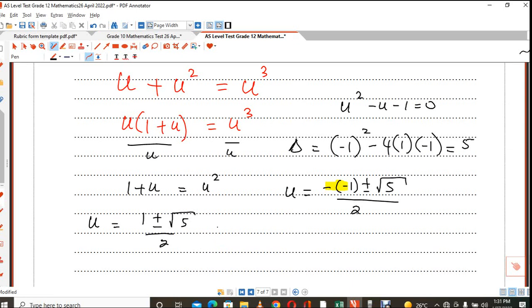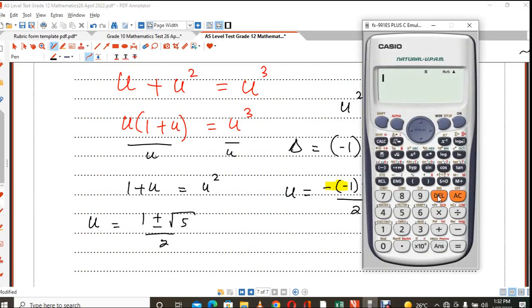I like to leave my answer in surd form. I just want to show you that if you had to write them as decimals, you have 1 plus root 5, and you divide this by 2, so you get 1.62, right?